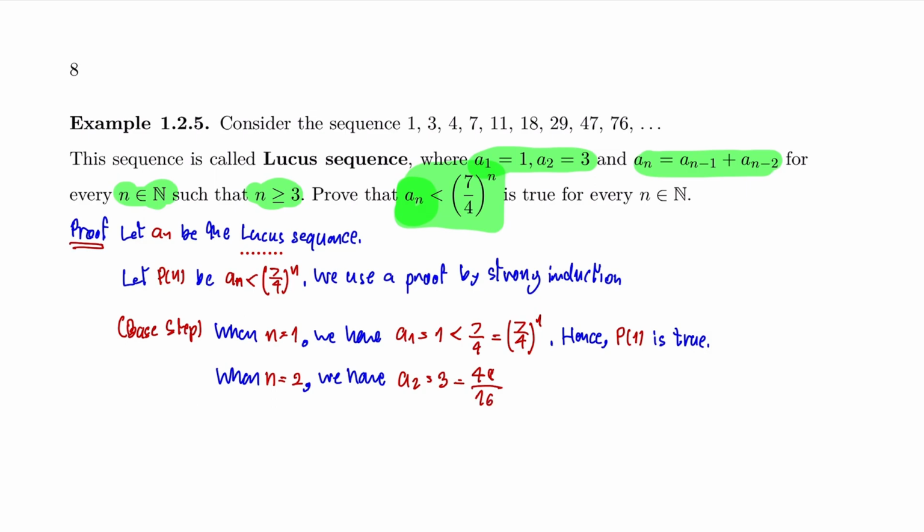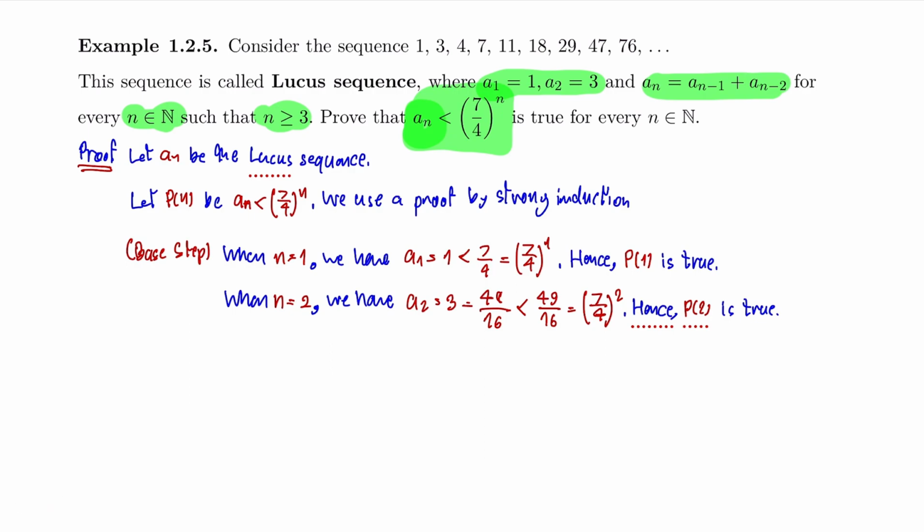But 48 over 16 is less than 49 over 16, and 49 over 16 is (7/4) squared. So the second term is less than (7/4) squared. So P(2) is true.